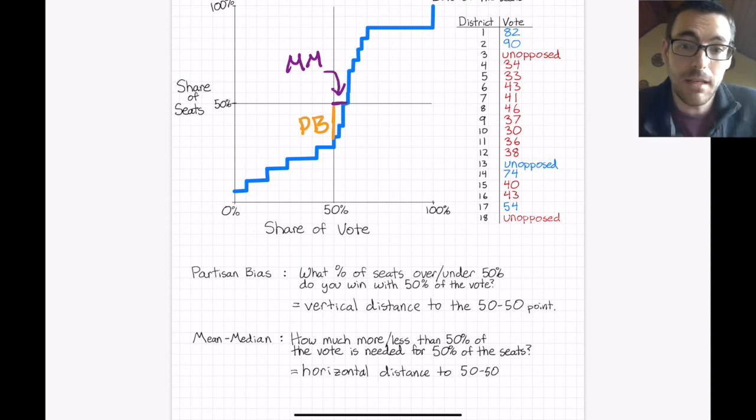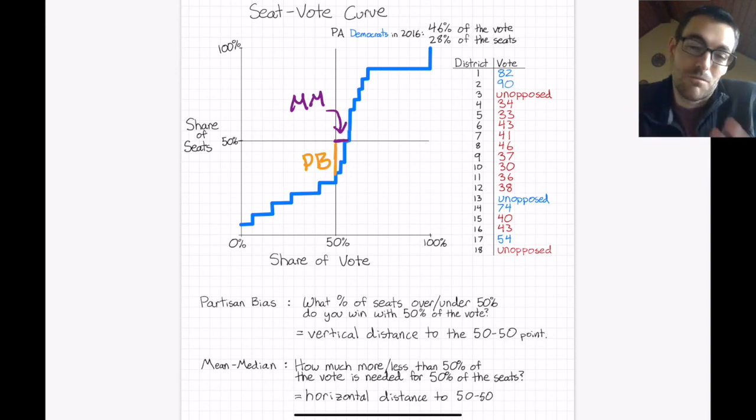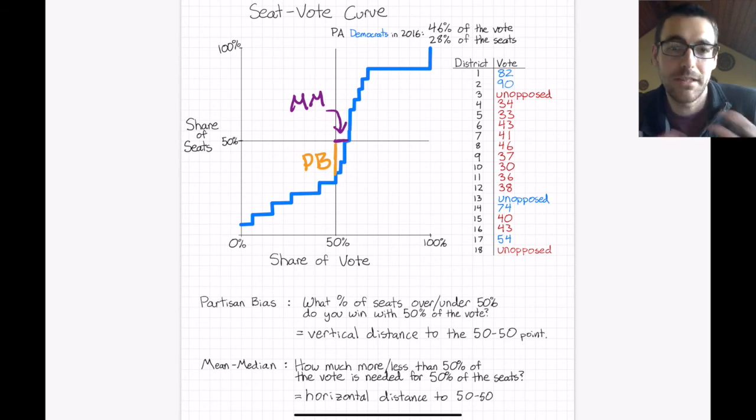It's called the mean median because a way of calculating this is by comparing the mean and the median of the vote shares. There are many other metrics out there, like the efficiency gap, which measures how many wasted votes each party has. But for the most part, all of these metrics agree when it comes to identifying a particular map or districting where there is gerrymandering.